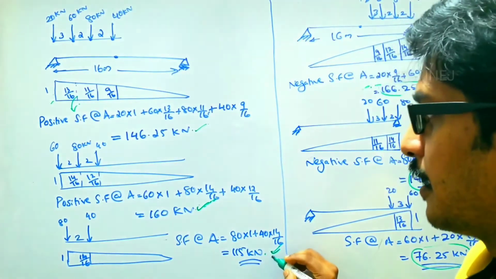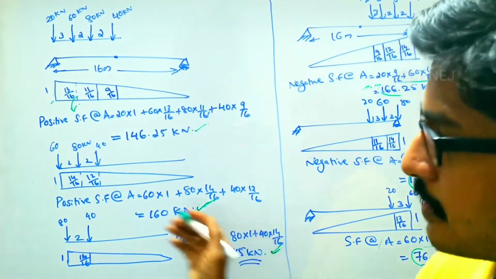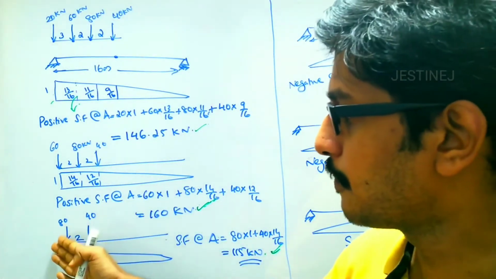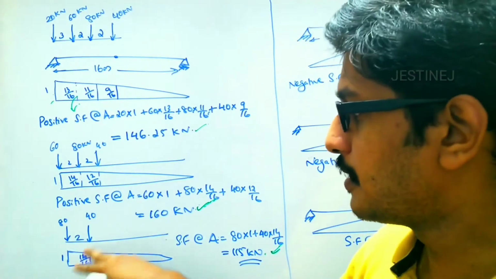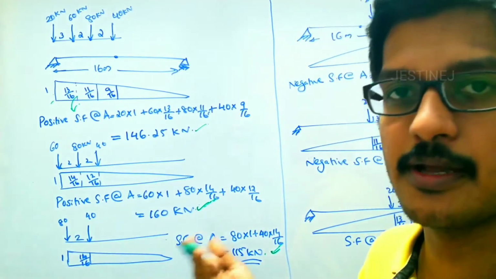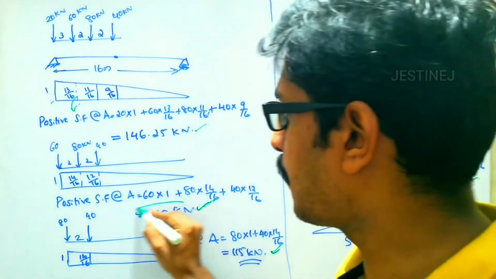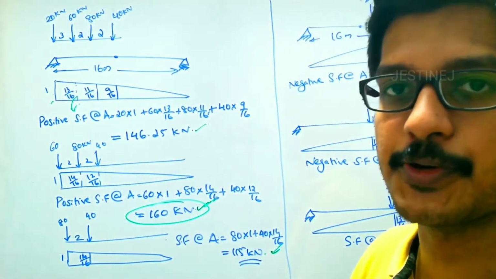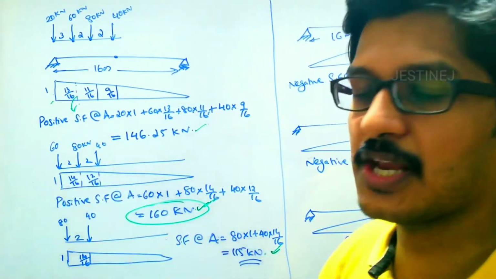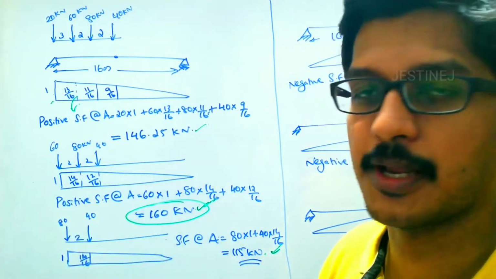It is again reducing, 150 kilonewton. One last case is there: if you put the 40 here, you will get the value of 40, again decreasing. So the maximum positive value is 160 kilonewton, when the 60 kilonewton is placed at the support A.